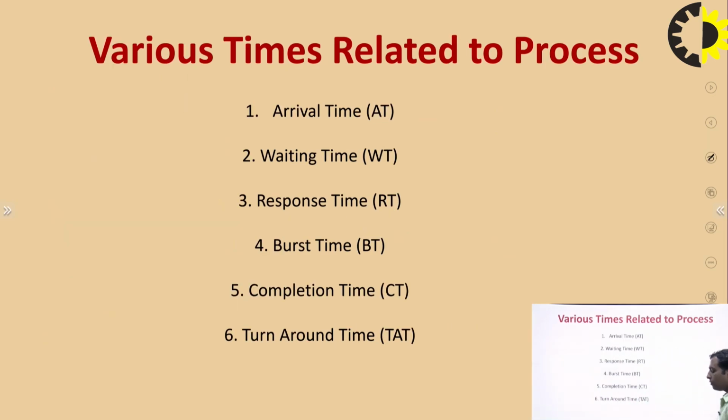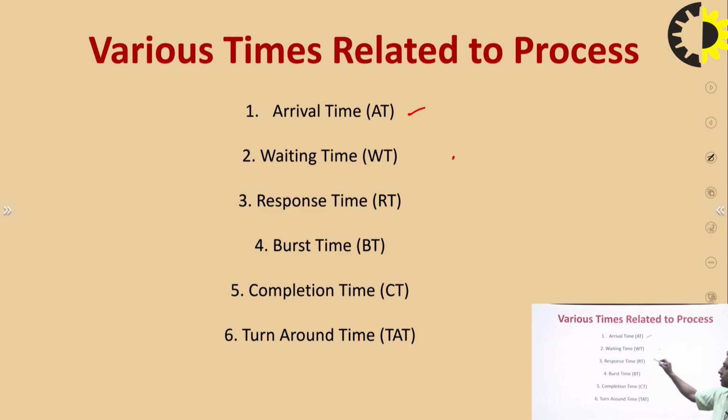Now, various times are related to scheduling of a process. These are arrival time, waiting time, response time, burst time, completion time and turnaround time. Arrival time means the arriving time of the process. Waiting time is how much time the process waited for execution.